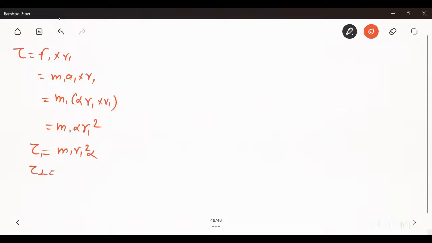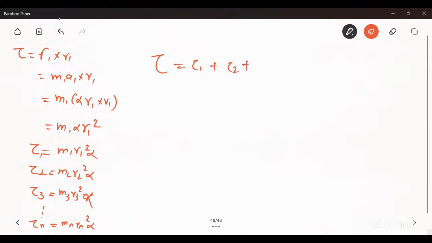Similarly, tau 2 equals M2 R2 square alpha, tau 3 equals M3 R3 square alpha, and tau n equals Mn Rn square alpha. So the total torque tau equals tau 1 plus tau 2 plus tau 3 plus tau n.